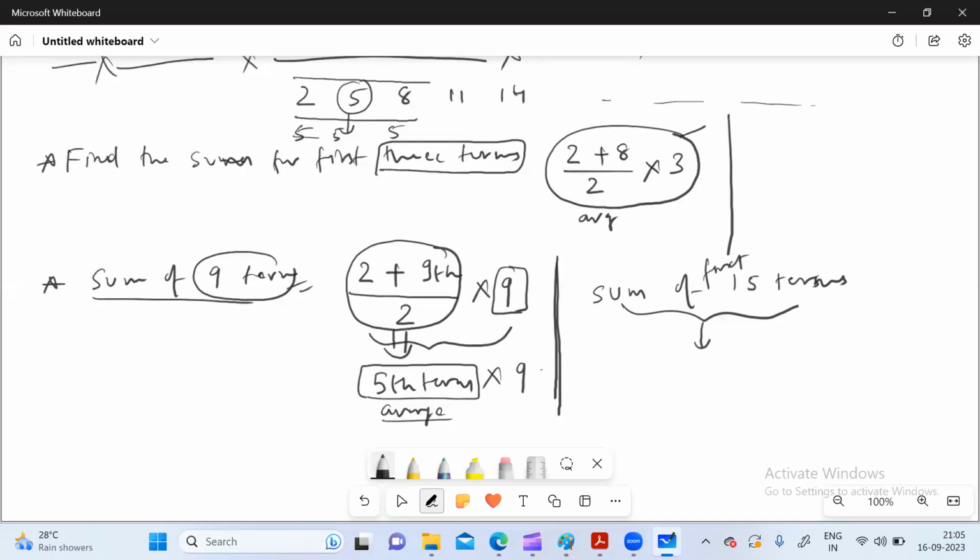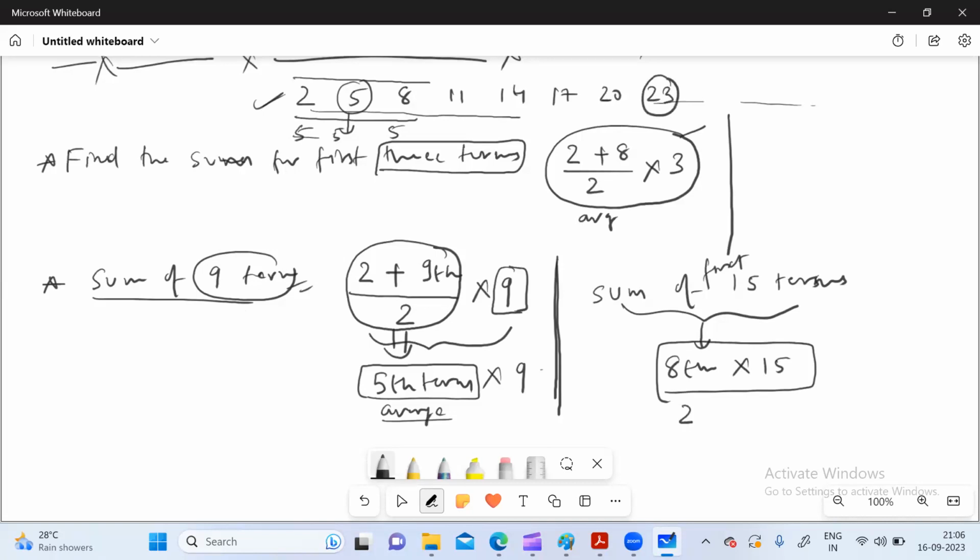Yes. The 8th term is the average here, and I'll multiply by 15. So you can see, I don't need to do it by formula. I can easily reach the 8th term by finding 3 more terms, which are 17, 20, and 23. This is the 8th term. I can just write the 8th term, 23, and multiply it by 15. So this is how smart people do.